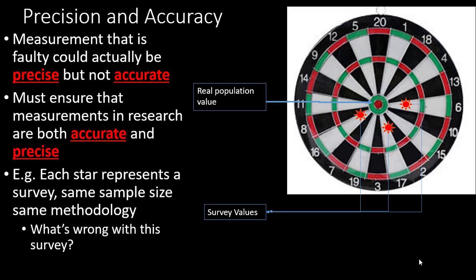Remember, whenever we do our surveys, we are using the sample population to represent the real population. Whatever we measure for the sample, we assume that if the sample is representative of the population, it should give us an idea of the real value for the entire population.